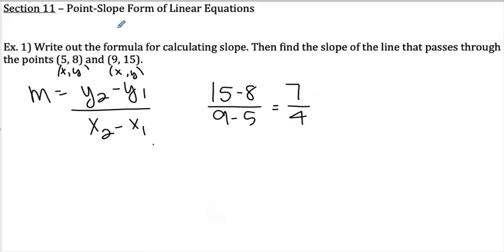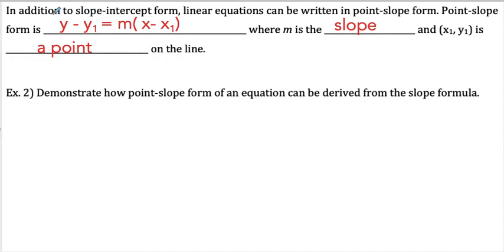So today the new topic is point slope. And so in addition to slope-intercept that we are familiar with, linear equations can be written in an equation called point slope. And this is the formula or the format. It's going to be y minus y1 equals m, or slope, times x minus x1, where m is the slope and x1 and y1 is a point on the line.